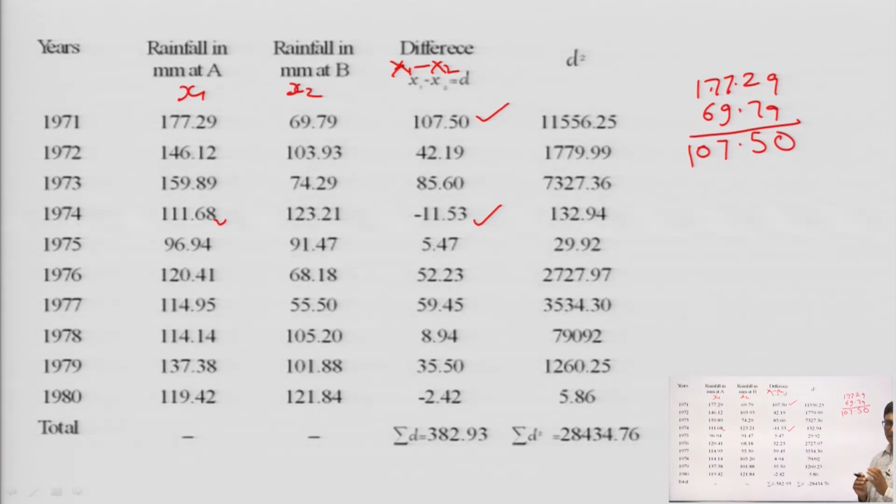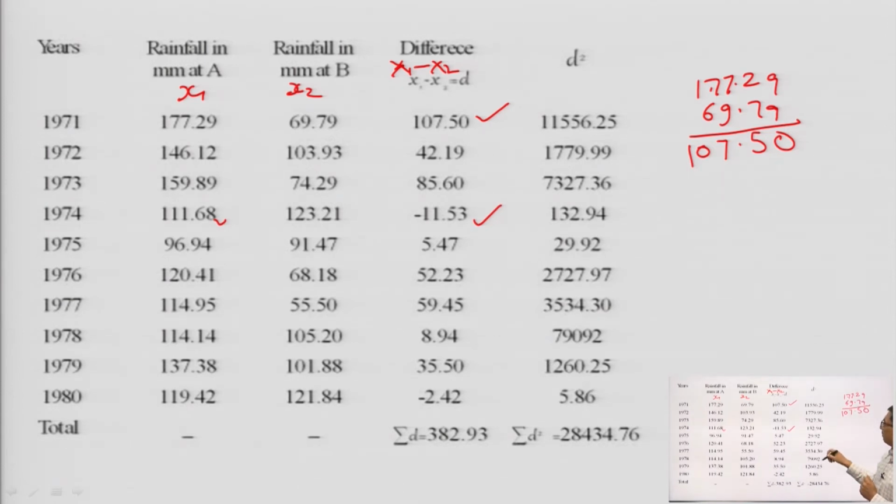So, we first find the sum of positive values, then the sum of negative values, and then we add these. That means, we subtract the negative values from the plus values to find the sum. This will be equal to 382.93.